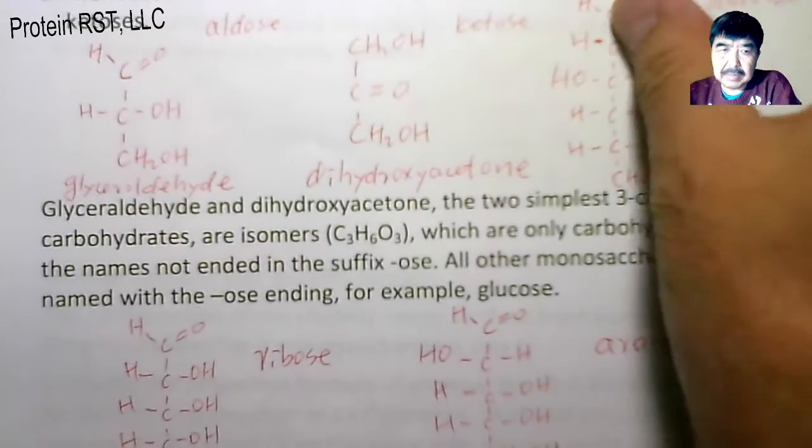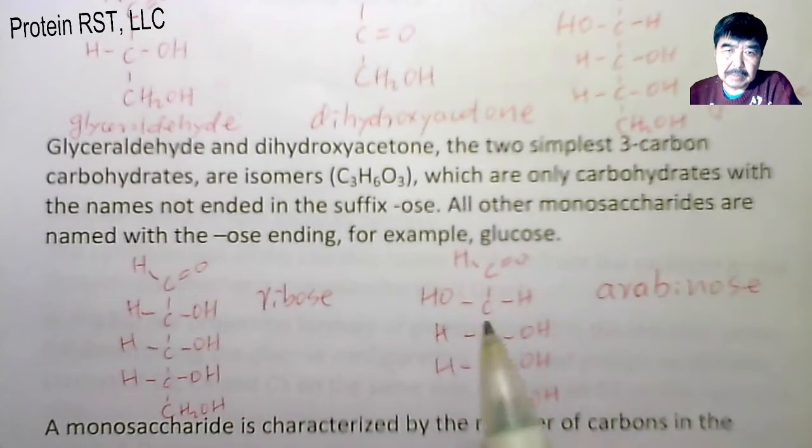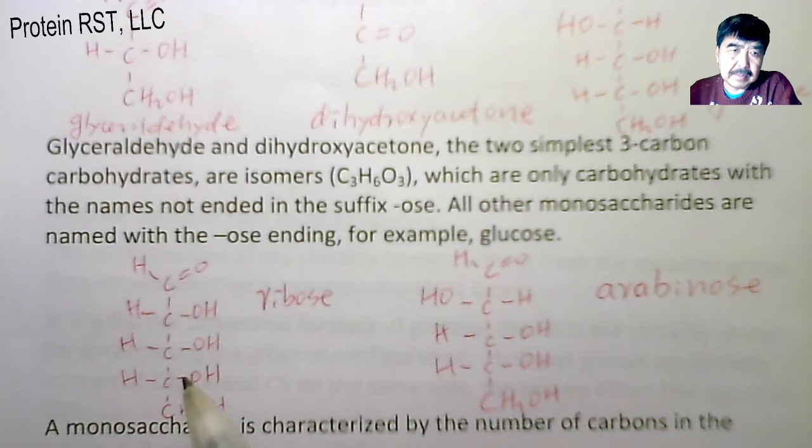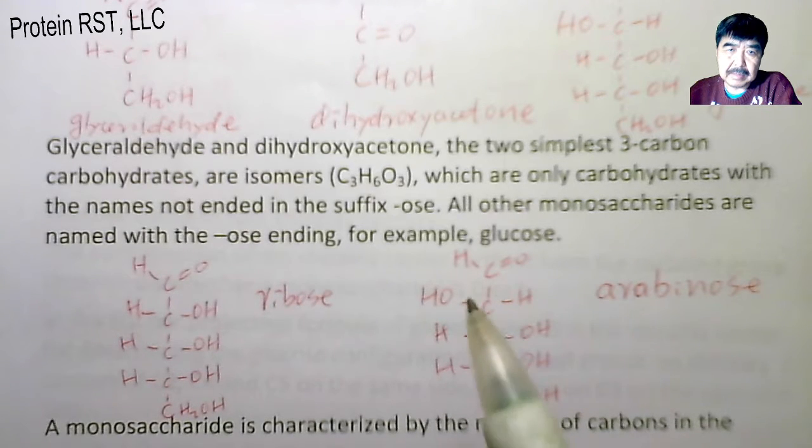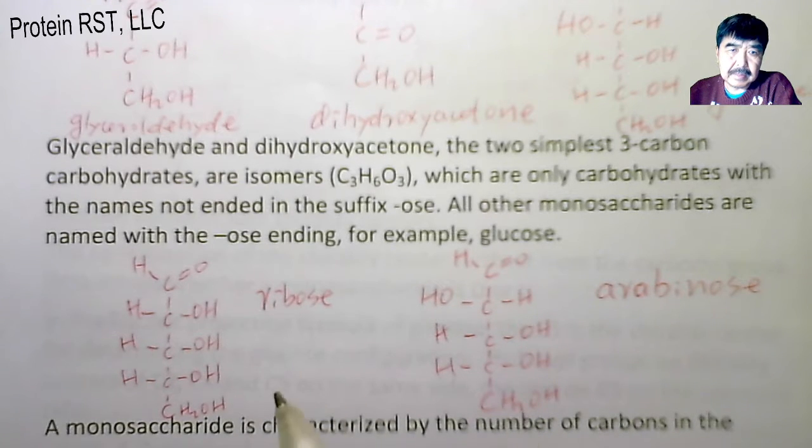Also, we list 2 structures of ribose and ribulose. Ribose has 5 carbons. Ribulose also has 5 carbons. You can see they are isomers.